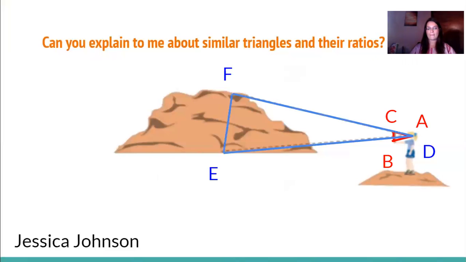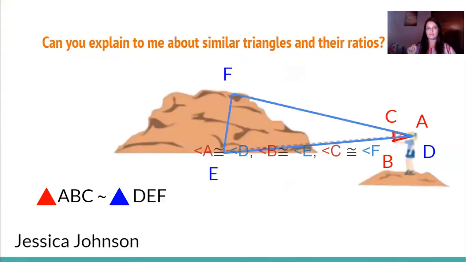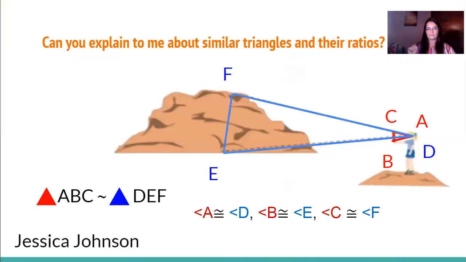Angle A of the little triangle corresponds with angle D of the larger triangle, so you say them together. Right, Claudia, that's great. I say and label corresponding angles together. I say that angle A corresponds with angle D, angle B with angle E, and angle C with angle F.